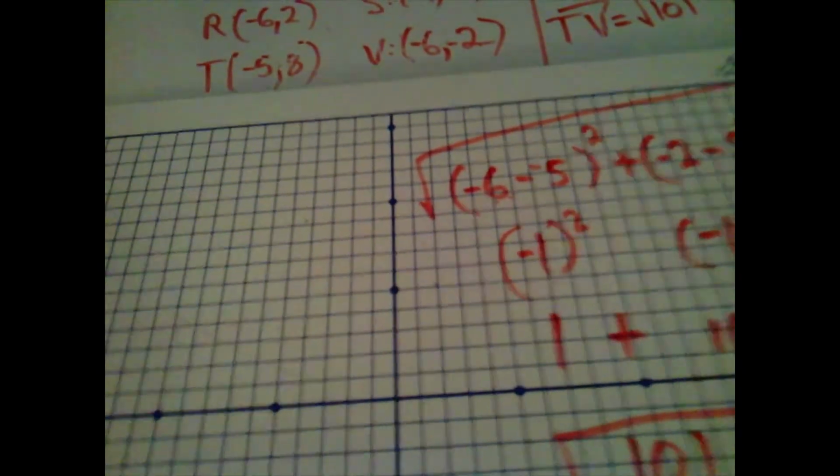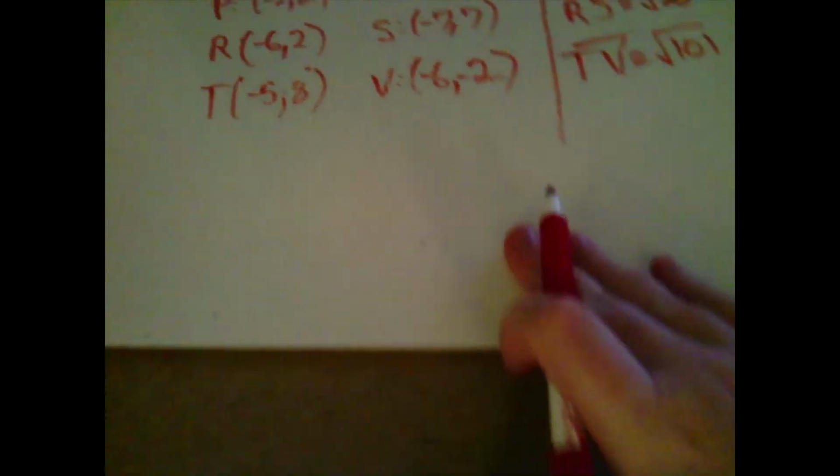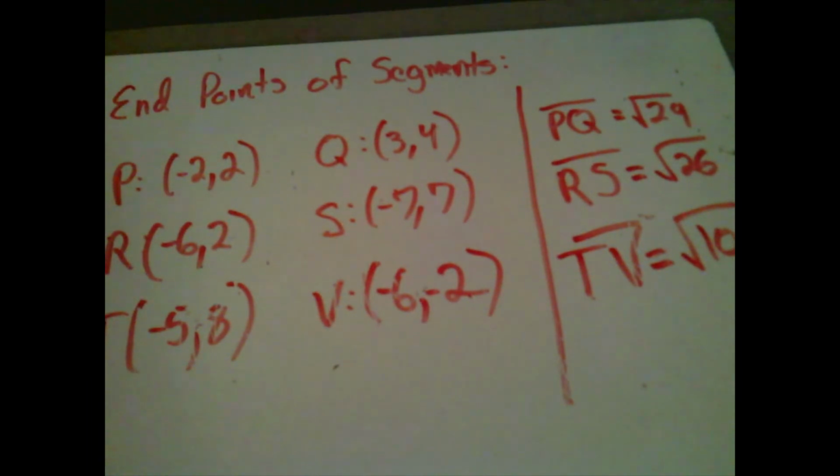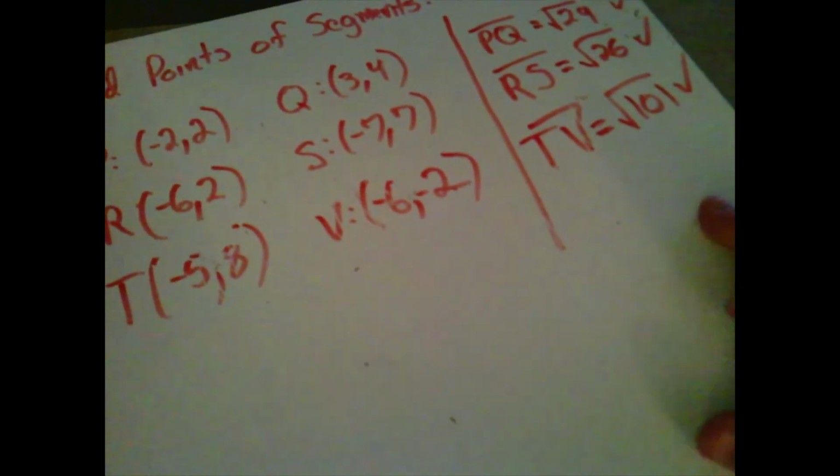The last part of this problem asks for the following. It gives us these endpoints and these segments. It wants us to determine the length of each segment. We've done that. Now it wants us to check whether the following statements are true.